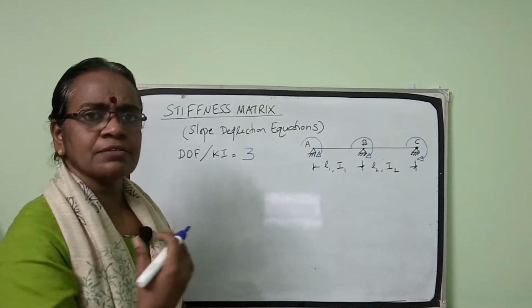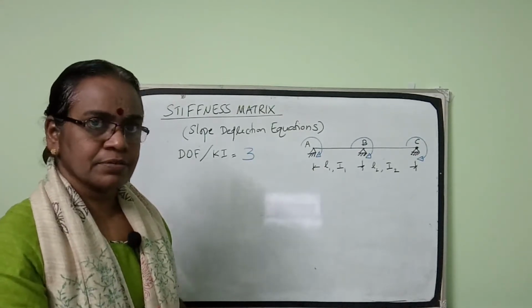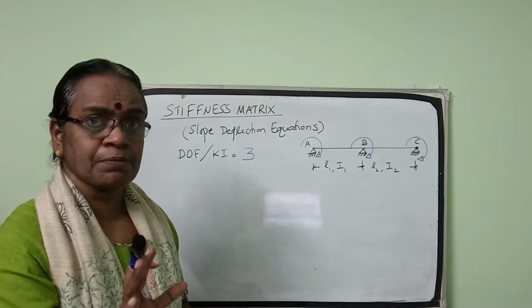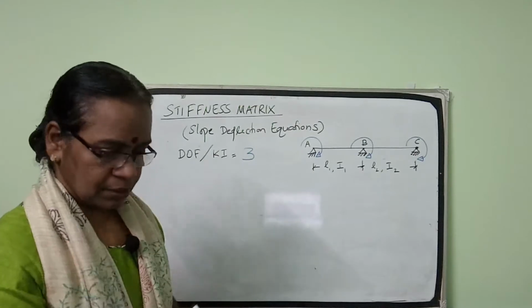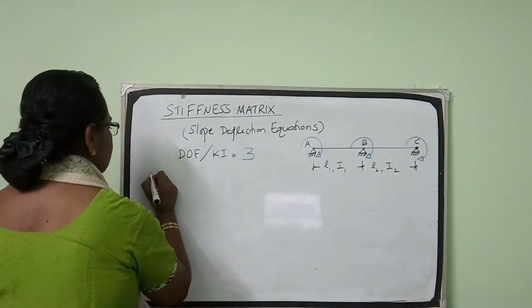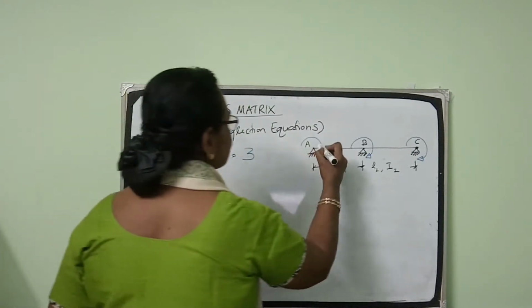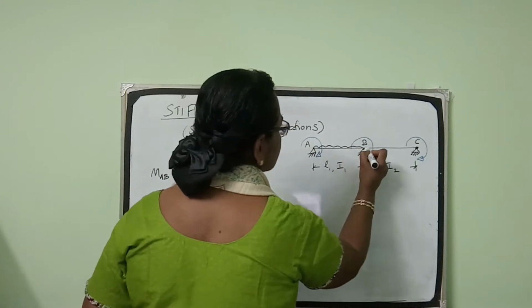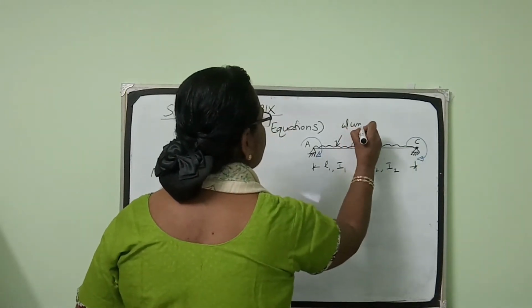So after the analysis, first we will be arriving at the unknown displacements. So that is the basic principle of displacement method. First of all, identify the degree of freedom of the structure. Now let us write down the slope deflection equations. Let the beam be subjected to some general load, say W per unit run.